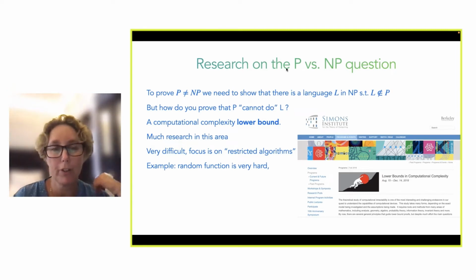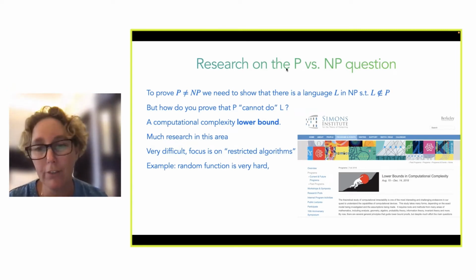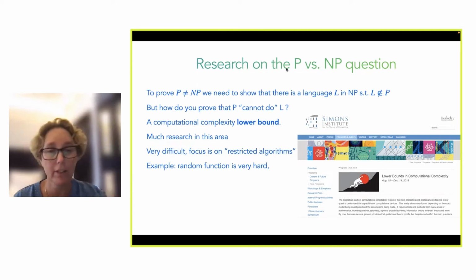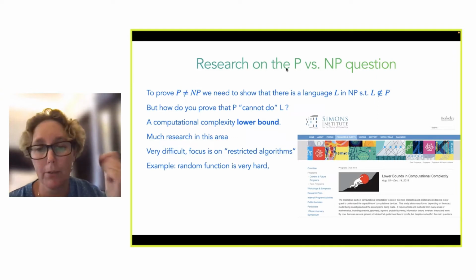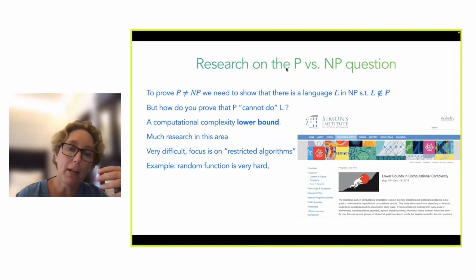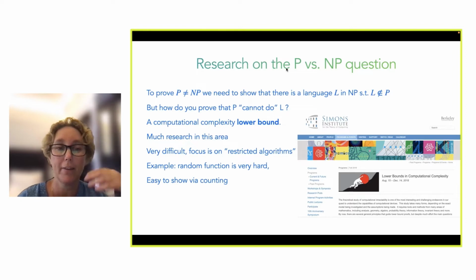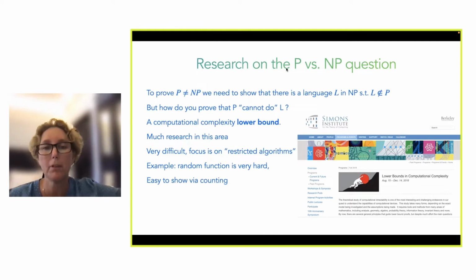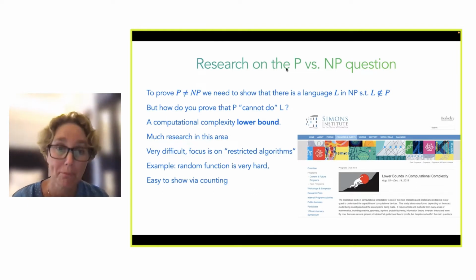If you look at a random Boolean function on n variables, so there are 2 to the n inputs, and you select a random function, meaning that for every input you select a 0 or 1 at random. Now, just by counting how many different computational circuits there are, you can immediately see that the size of a circuit that will compute a random function must be very big, much bigger than polynomial.